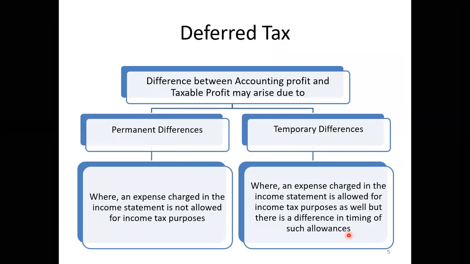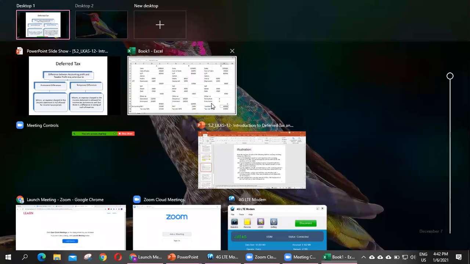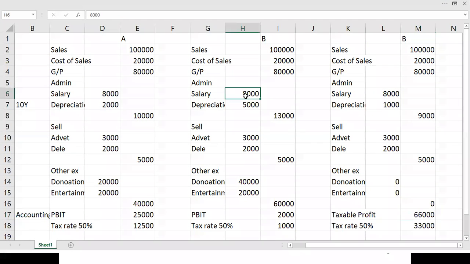In this example, depreciation is a temporary factor, but the donation and entertainment expenses are permanent differences. Donation and entertainment expenses are examples of permanent factors, and depreciation is an example of a temporary factor.